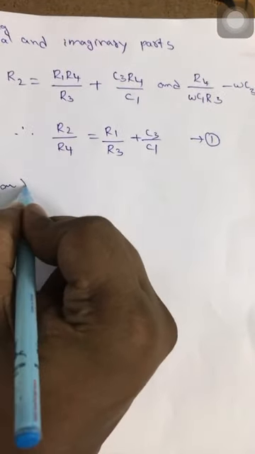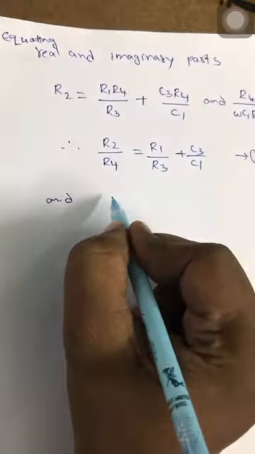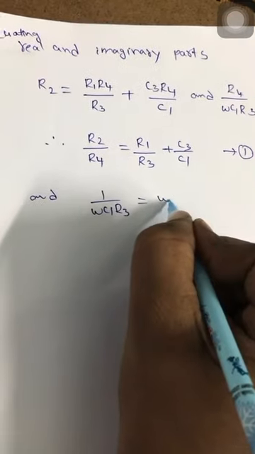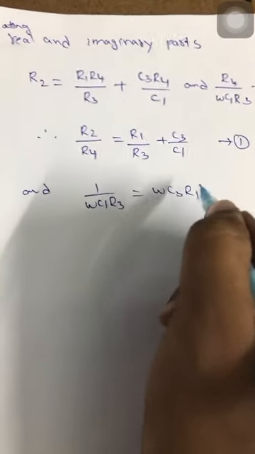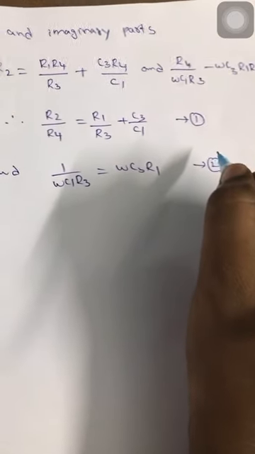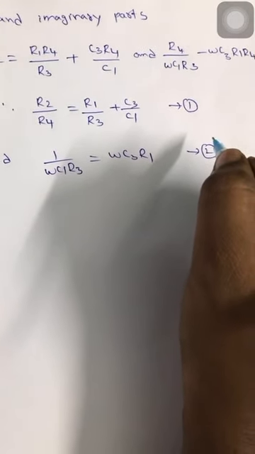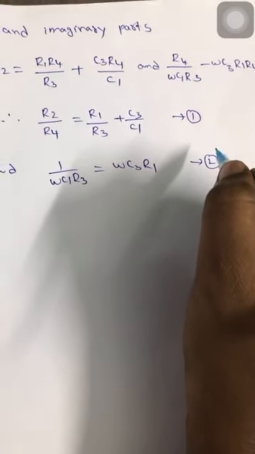And 1 by omega C1 R3 equal to omega C3 R1. That one is this equation 2. 1 by C1 R3 equal to omega C3 R1.